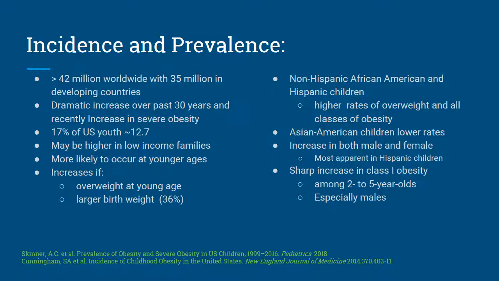Obesity is the most prevalent nutritional disorder among children and adolescents in the U.S. Approximately 16 to 18% of U.S. youths are obese. The prevalence of obesity is highest among specific ethnic groups and has definitely increased significantly in recent years.